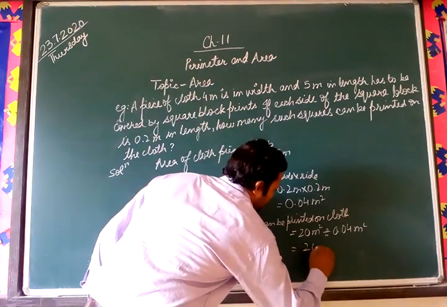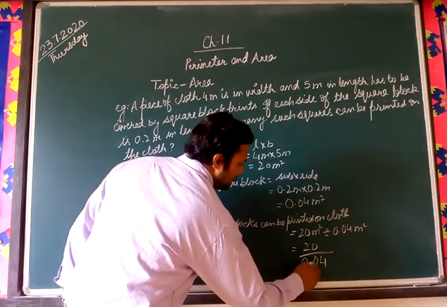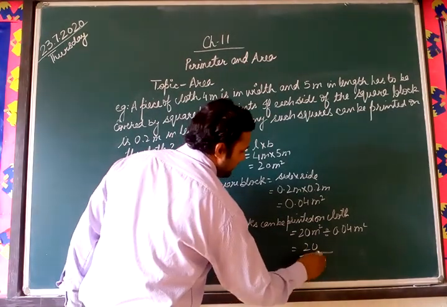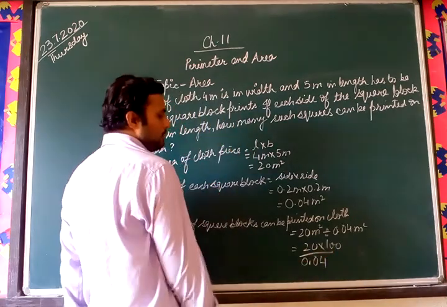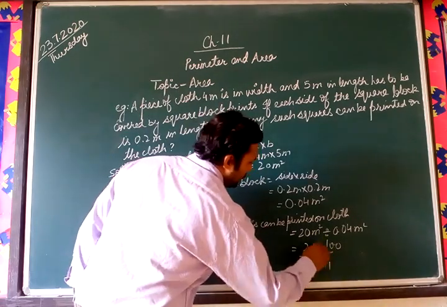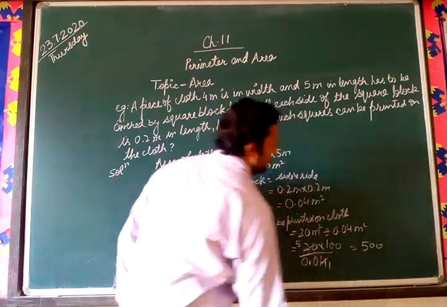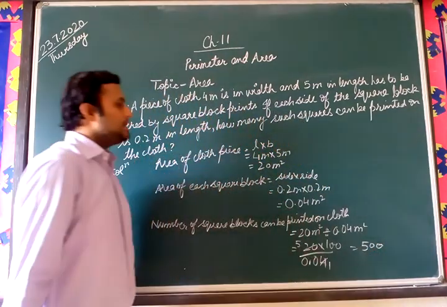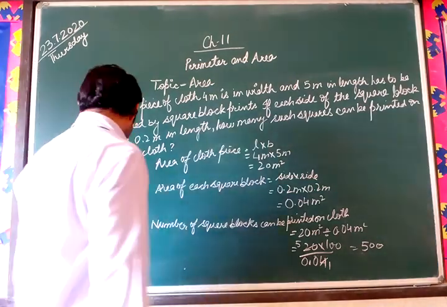If you remove the decimal point, 2000 divided by 4 gives 500. So the answer is 500 blocks. The number of square blocks is 500.